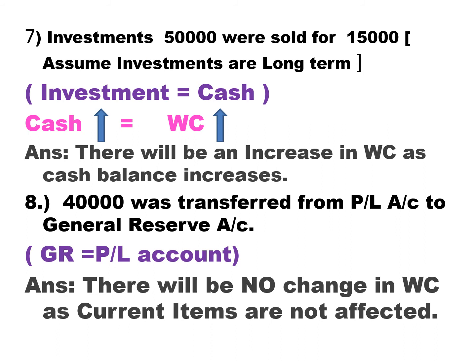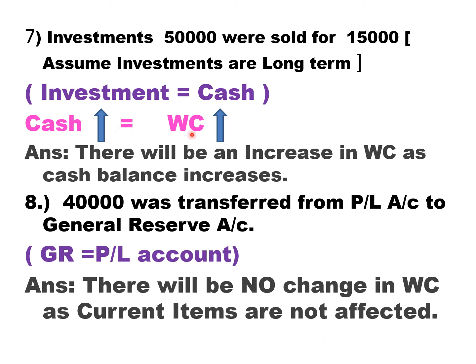So students, investment 50,000 were sold for 15,000. So loss is 35,000. Assume investments are long term, means investment is not a current asset. So when you sell investment, investment goes, cash comes. So there will be an increase in cash.